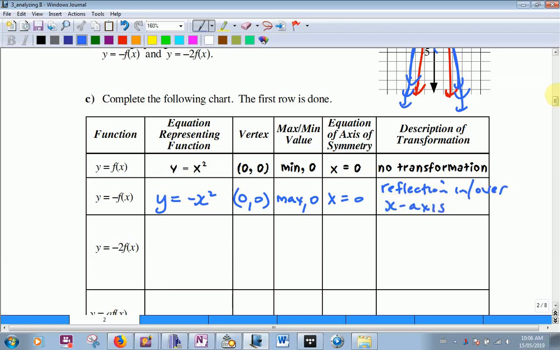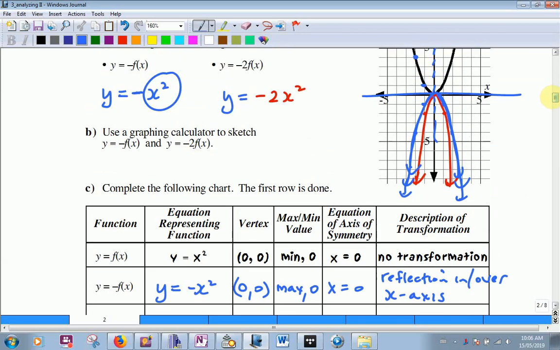Okay? So flipped worked, but now you've got the proper language for it. Does that make sense? Again, think of this just like an axis of symmetry. That's like a mirror. If you put a mirror there, this is what you're going to see. It's a reflection over the x-axis.